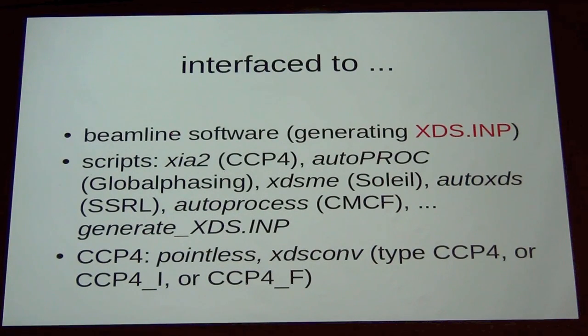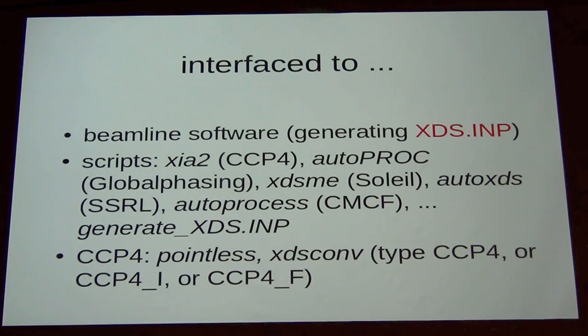That is one mode of using Pointless, very nice. It can also take INTEGRATE.HKL, so the result of the integration, which is then not scaled. This also works. And Pointless can just read XDS_ASCII.HKL, so the output file which has unmerged data in it, to suggest space groups, like Phil just explained an hour ago.